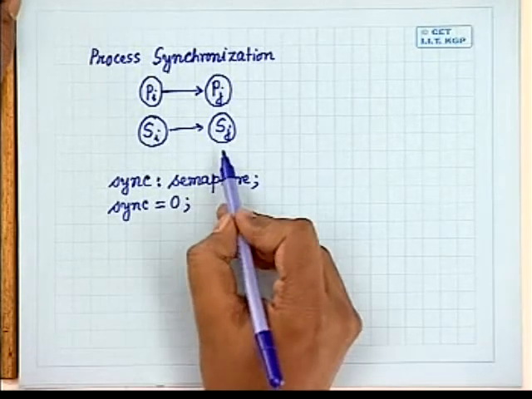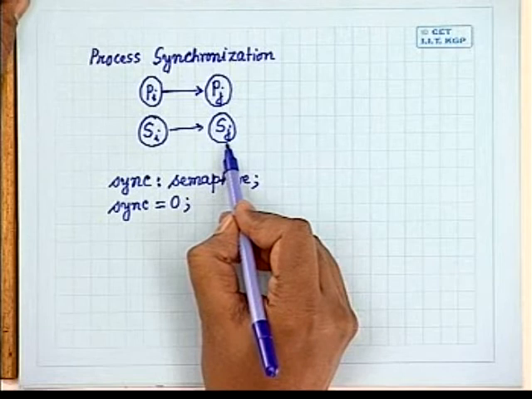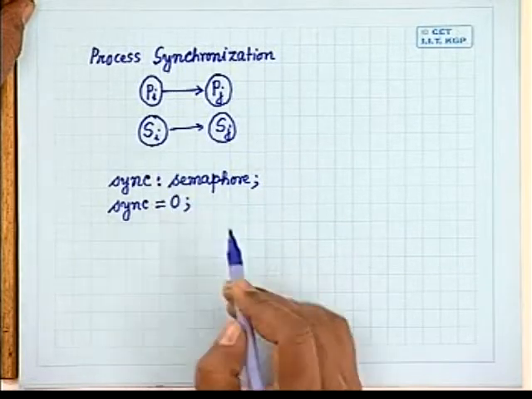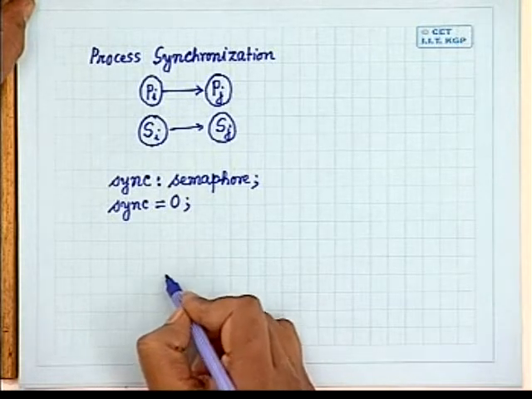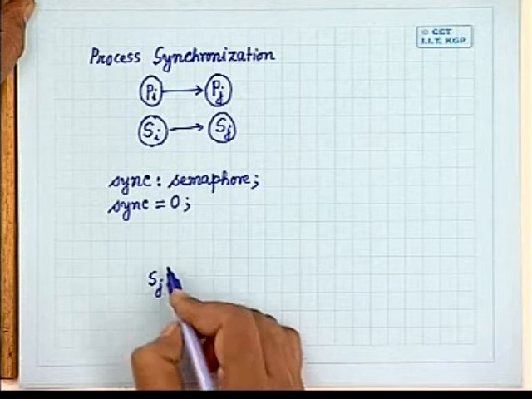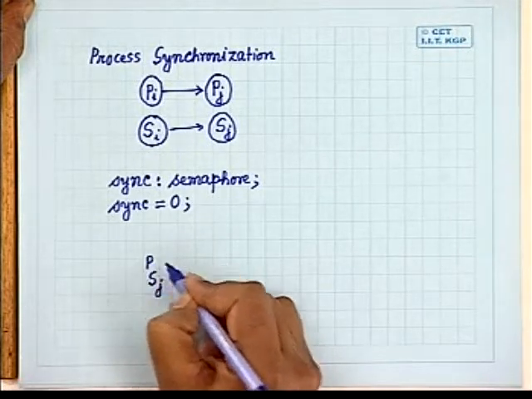We want Sj to be executed only after Si. So what we can do is, before execution of statement Sj, we can put a P(sync) statement.